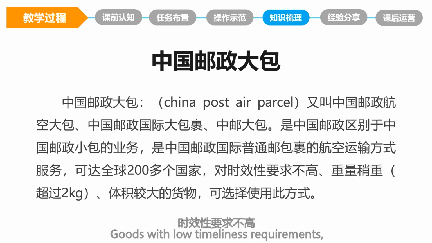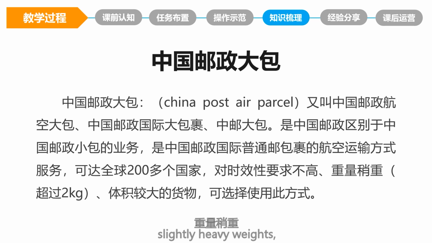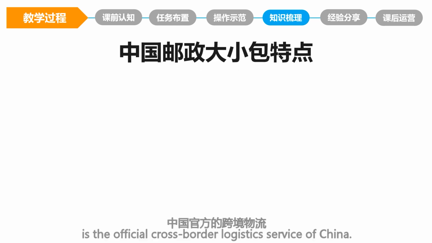Goods with low timeliness requirements, slightly heavy weights, which is generally over 2 kg, and a large volume can choose this method. China Post is the official cross-border logistics service of China.